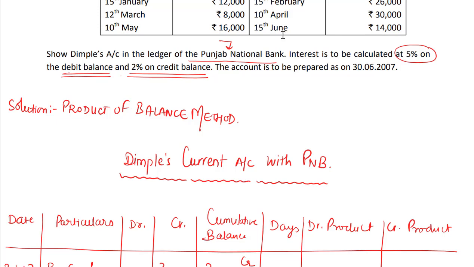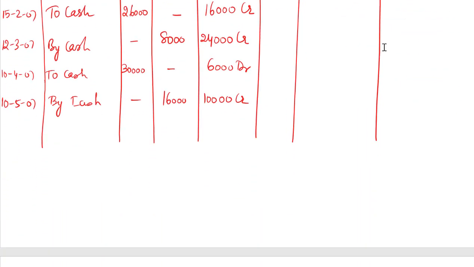Then again 15 June, withdrawal 14,000. So minus 4,000, 4,000 debit balance. I believe you understood.